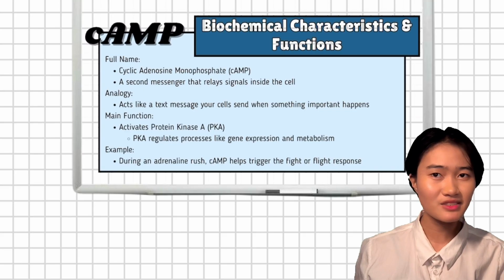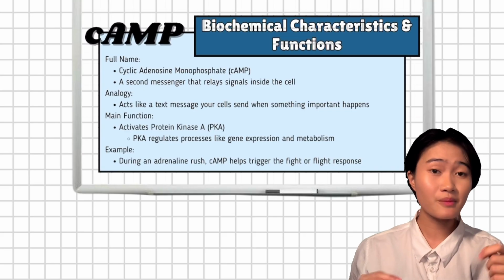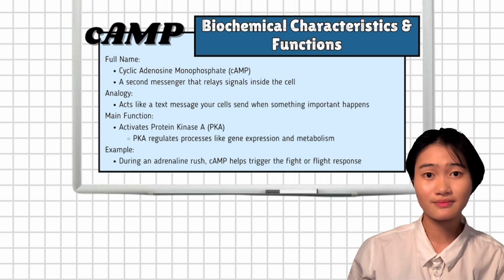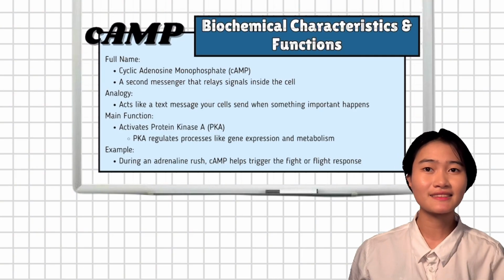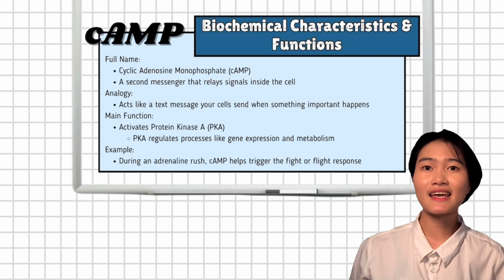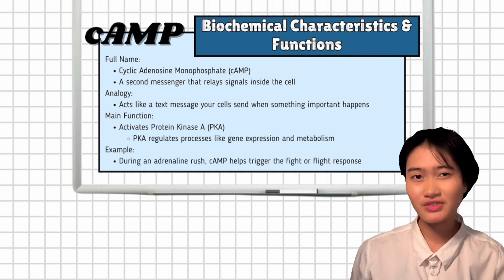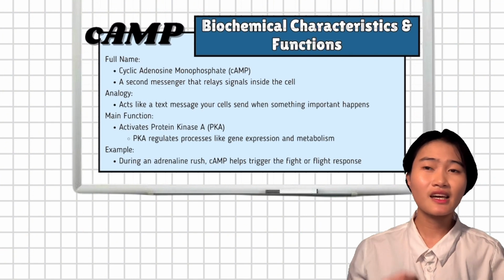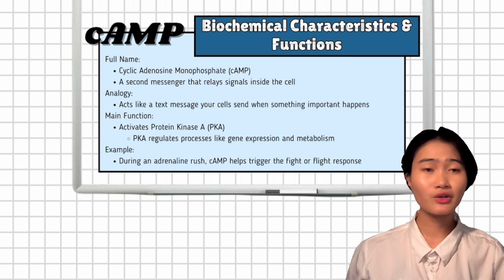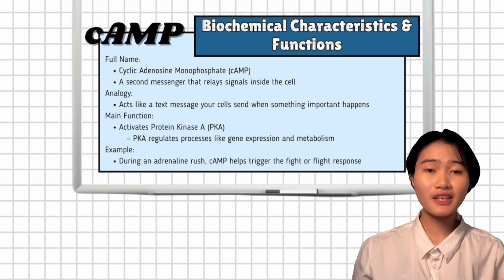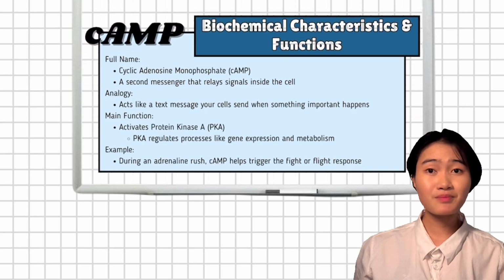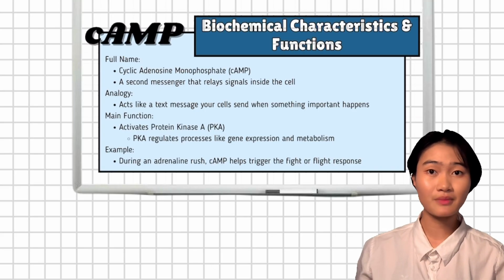It's called a second messenger because it relays signals from hormones and other molecules. Its main job is to activate protein kinase A, or PKA, a big shot that controls cellular responses like turning genes on or off, or adjusting metabolism. For example, when adrenaline hits, cAMP helps you go into fight or flight mode.